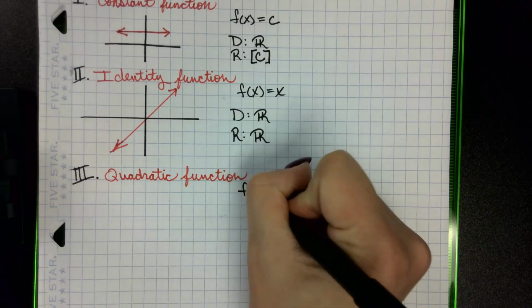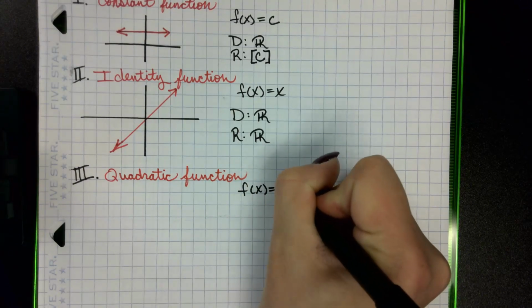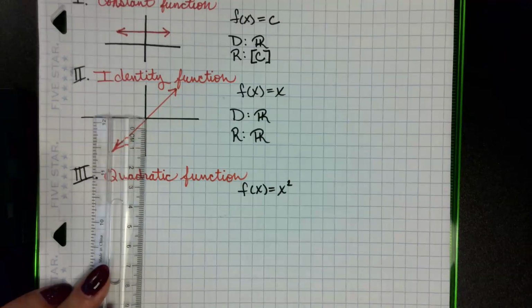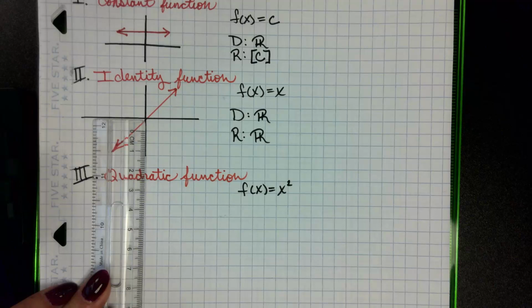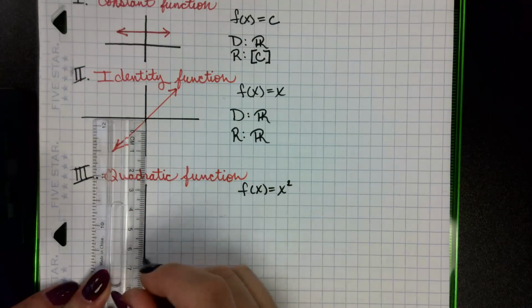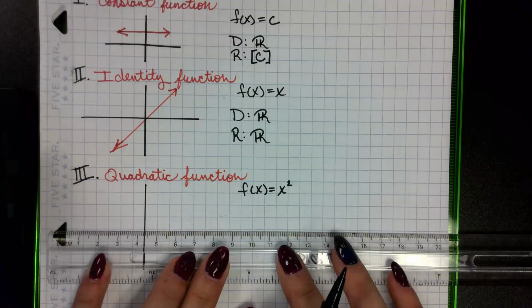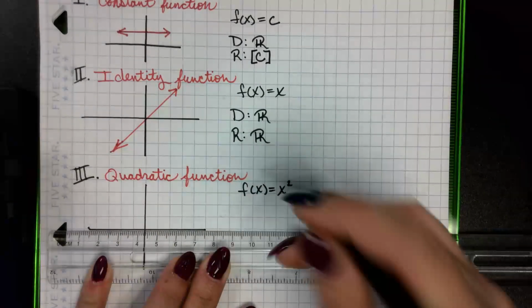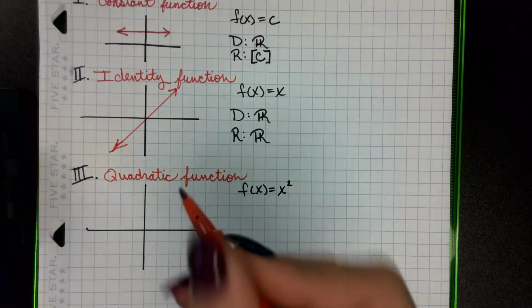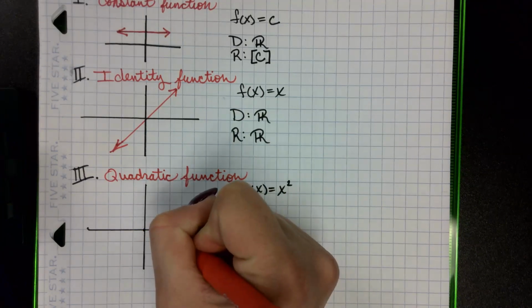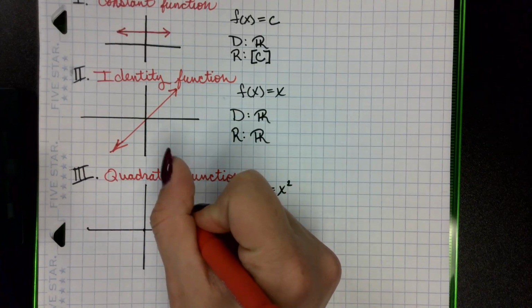That f of x equals x squared. So we'll do our sketch of this graph. So it's going to 0, 0. We know I'm going to go 1, 1. And then 2 will be at 4. So it'll be up there.